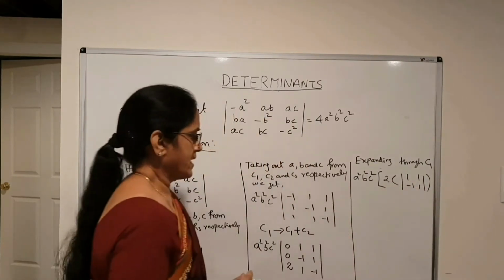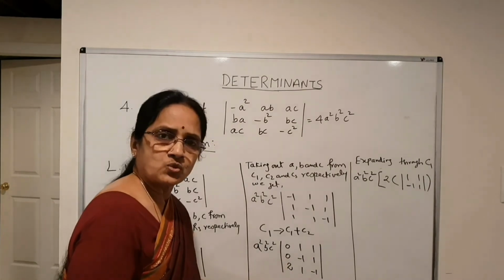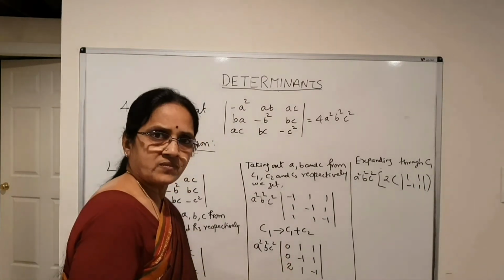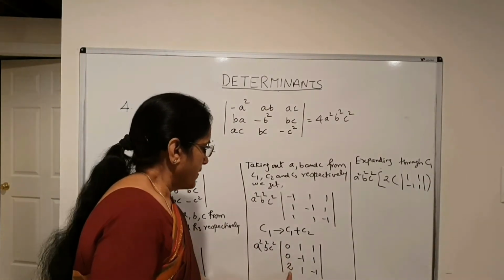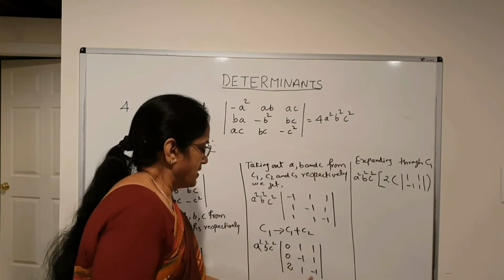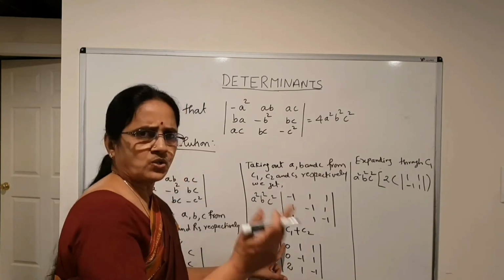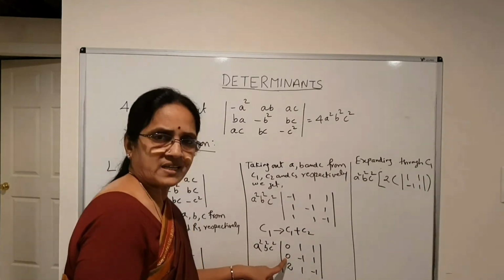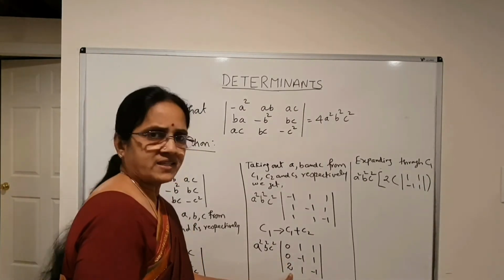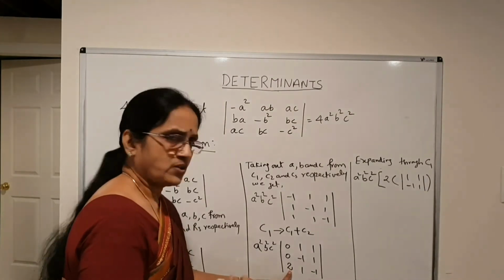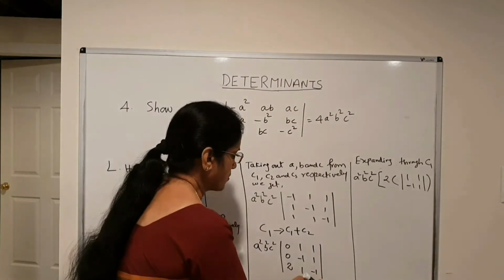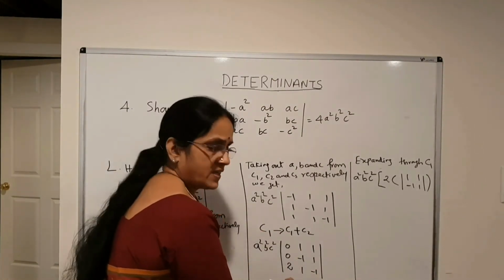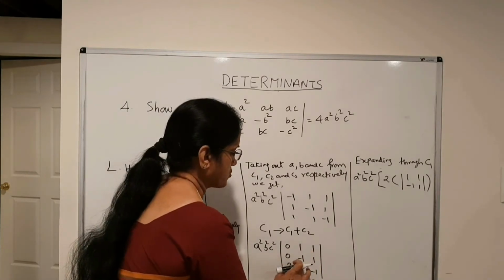I repeat once again. I am expanding through the first column. Leaving the third row, because 0 into the value of the determinant is going to be 0, the same is the case for the second entry also. So I am taking our third entry, 2 into, leaving the third row and first column, left with 1, 1, minus 1, 1.